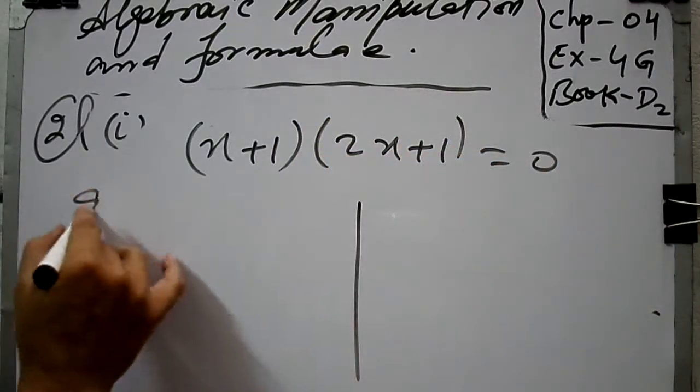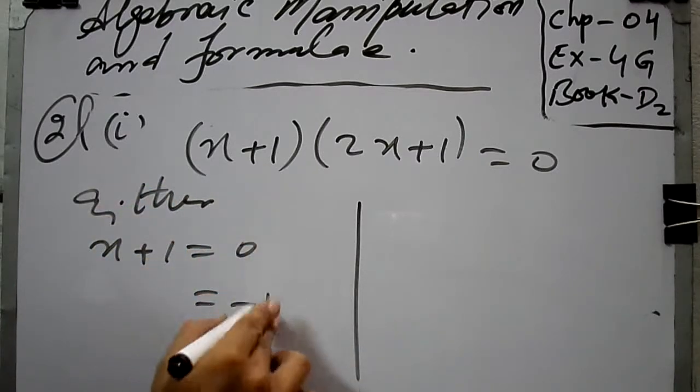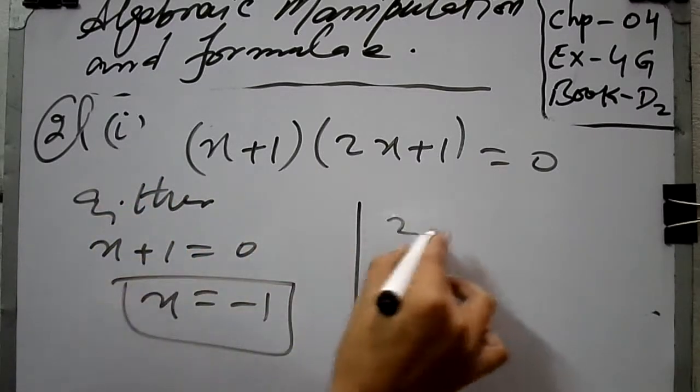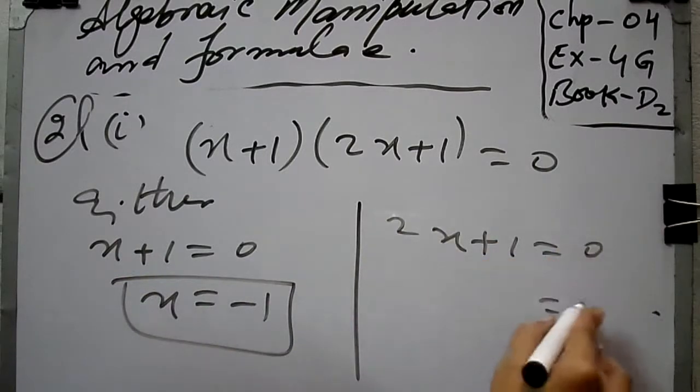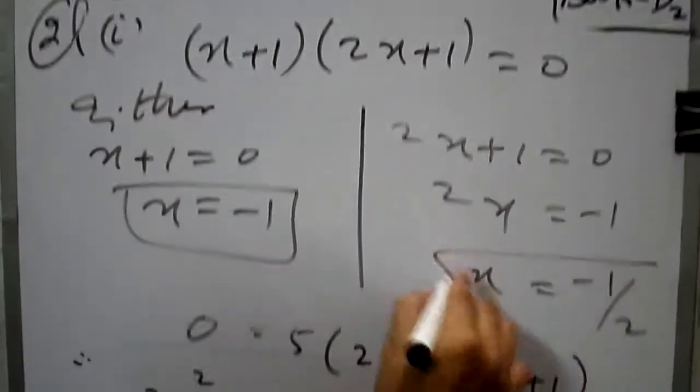So either this one is equal to 0, that is x plus 1 is equal to 0, so the value of x is minus 1, or 2x plus 1 is equal to 0, so the value of x is minus 1 by 2.